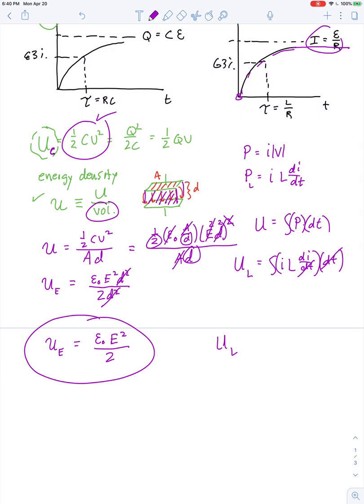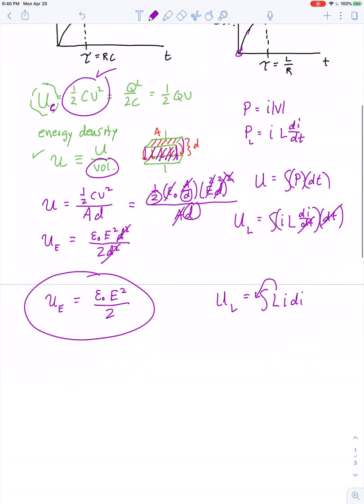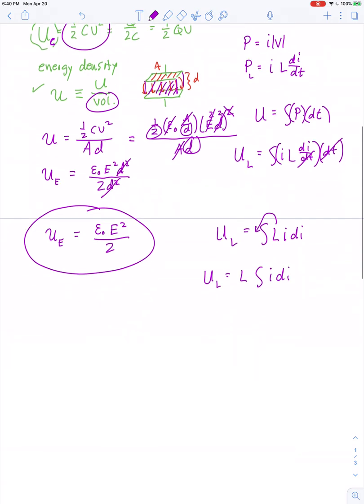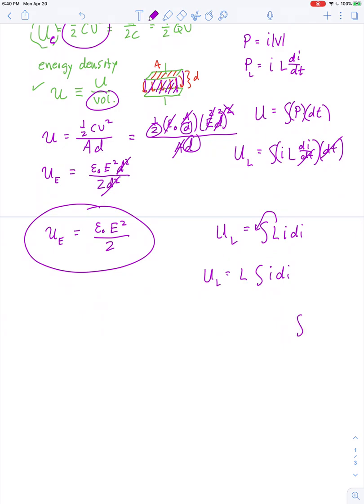The energy of an inductor is equal to the integral of L I di. Now the inductance can be taken out of the integral sign, and so the energy in an inductor is equal to L times the integral of I di. Well, that's sort of like, what's the integral of x dx?